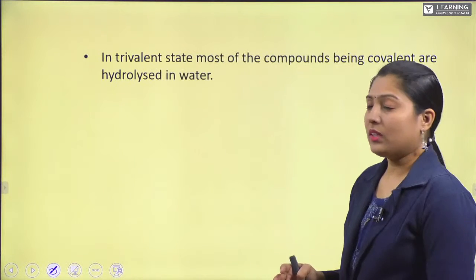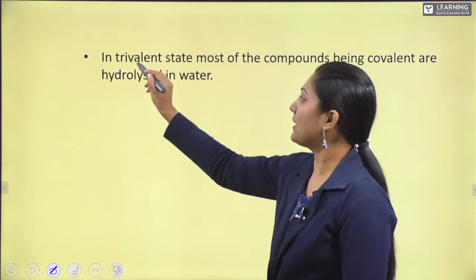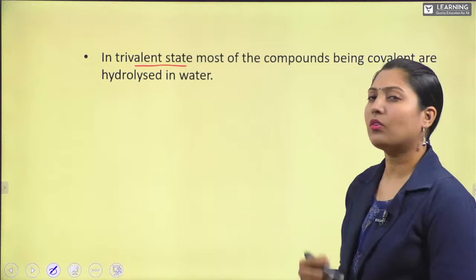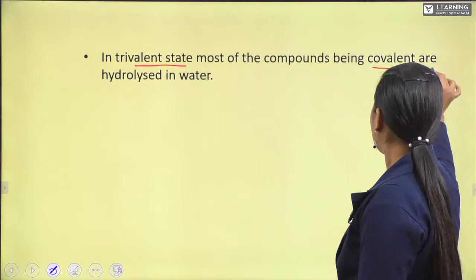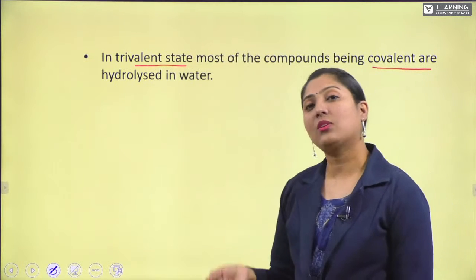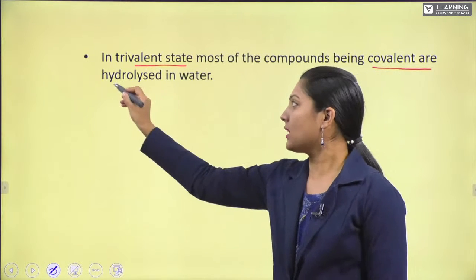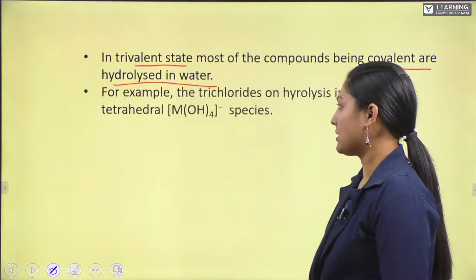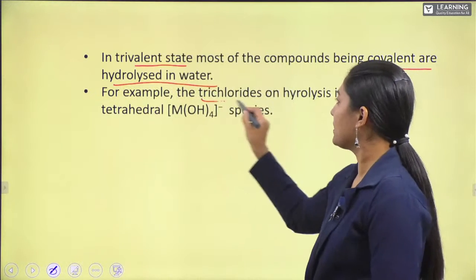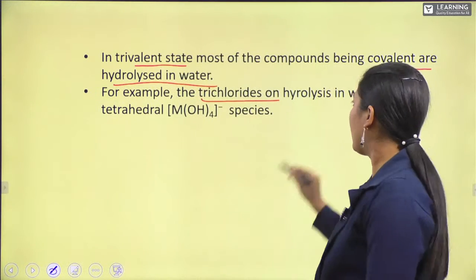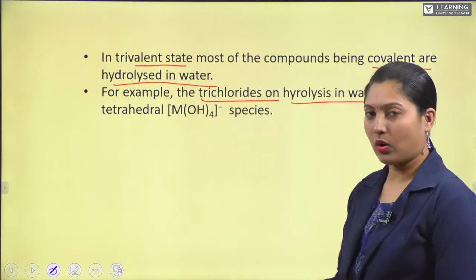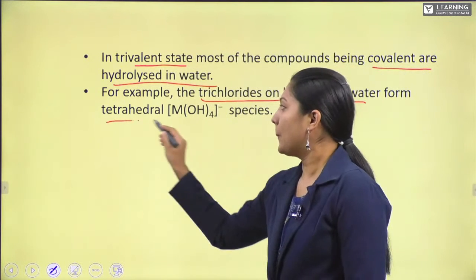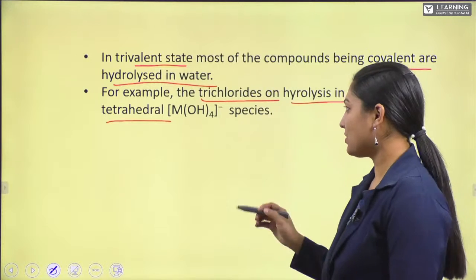So next, coming to the trivalent state, most of the compounds, being covalent, are hydrolyzed in water. Means they mix with water and they are hydrolyzed. For example, the trichlorides on hydrolysis in water form a tetrahedral structure.